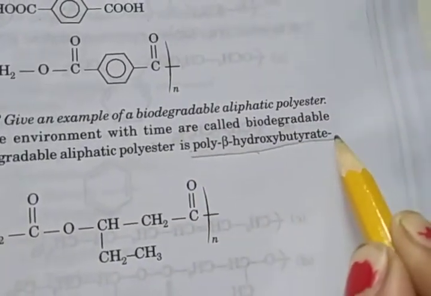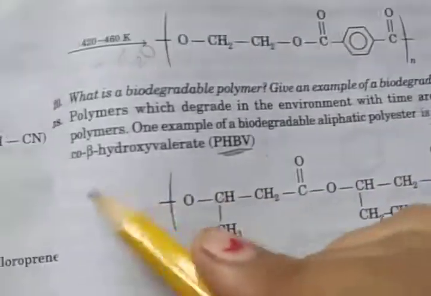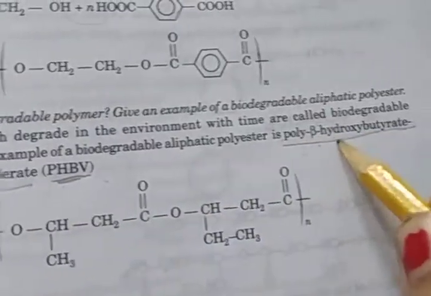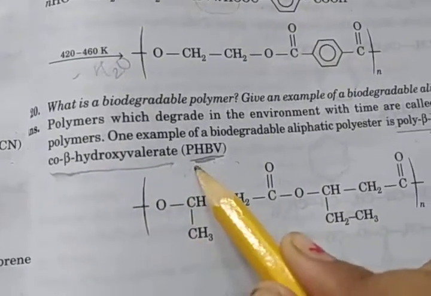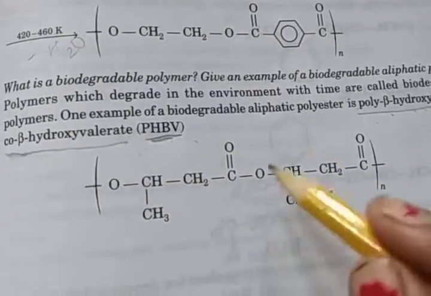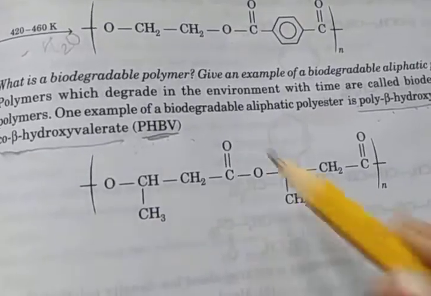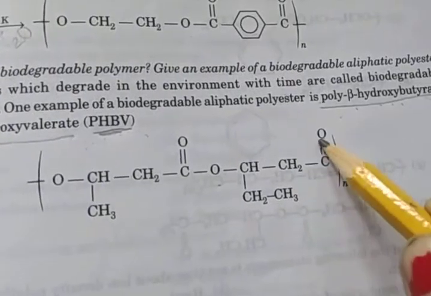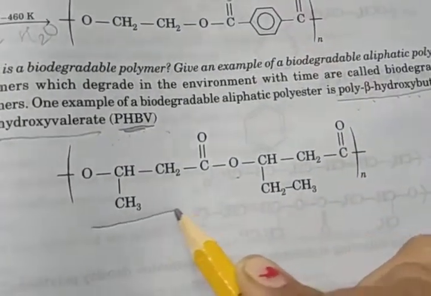Poly beta hydroxybutyrate co-beta hydroxyvalerate. Okay, so in the structure you see OCH CH3 CH2 C double bond O, OCH CH2 CH3 CH2 C double bond O, whole N. Here you see this unit is common.